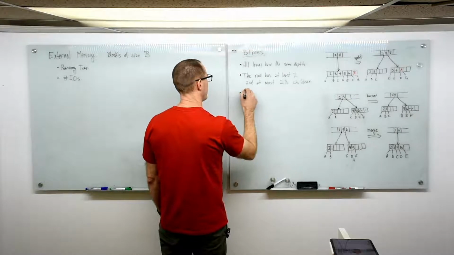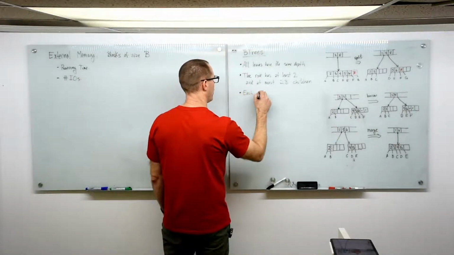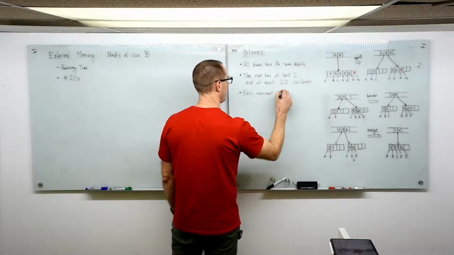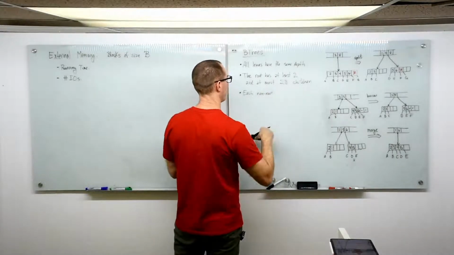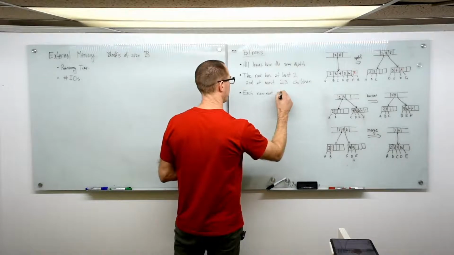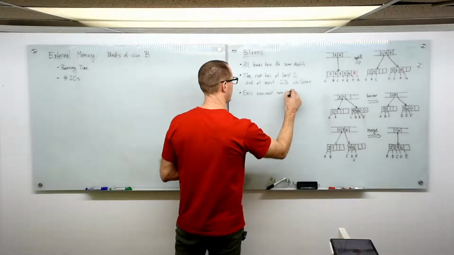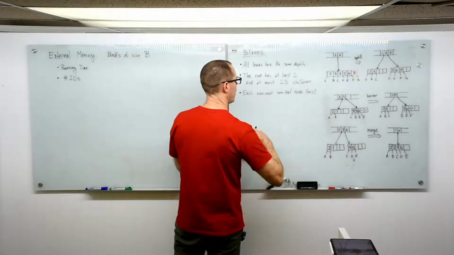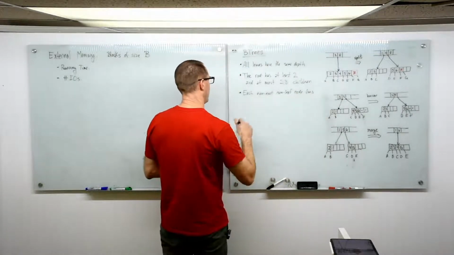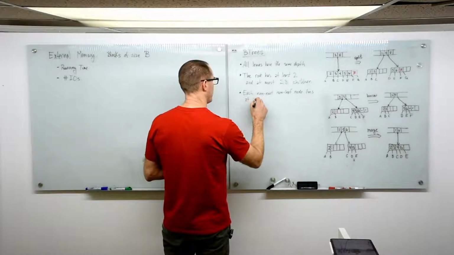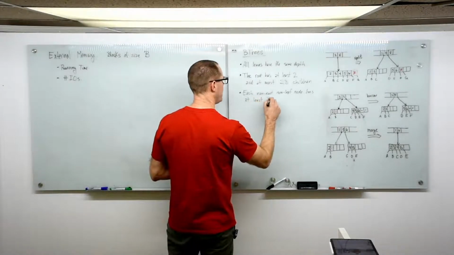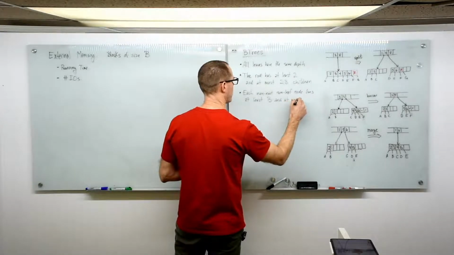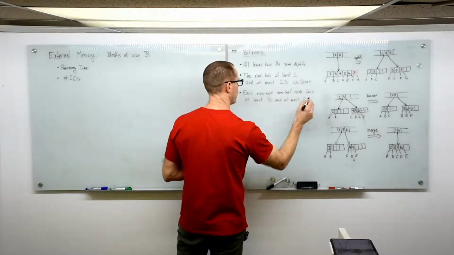And each non-root, non-leaf node has at least B and at most 2B children.